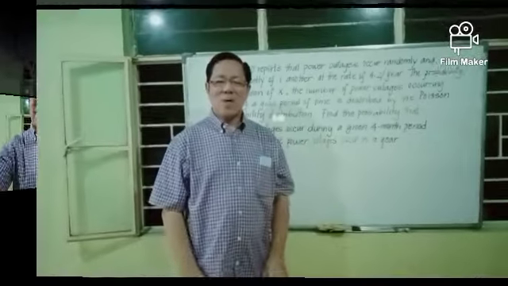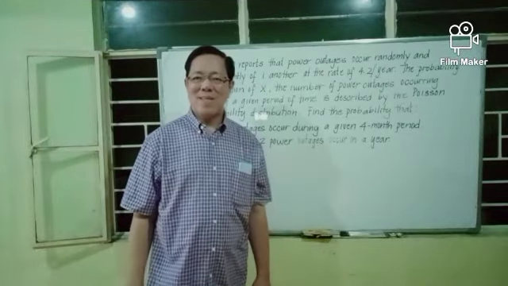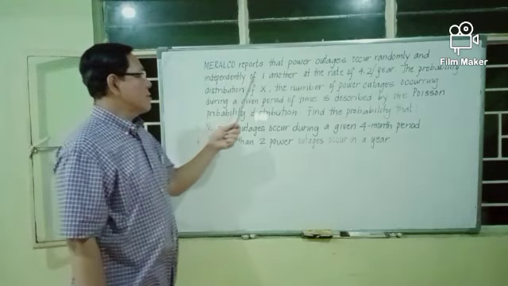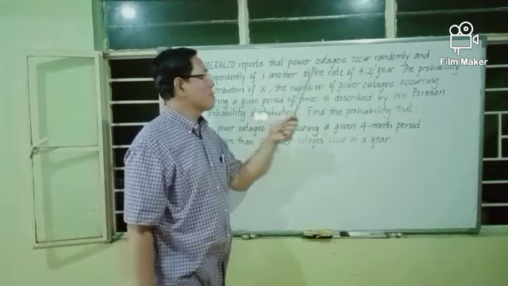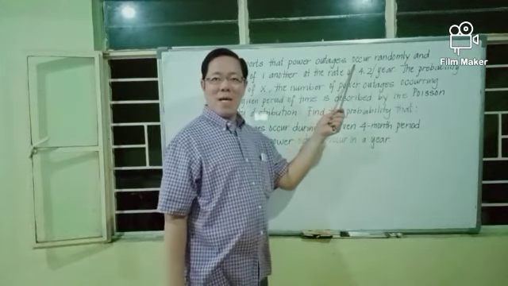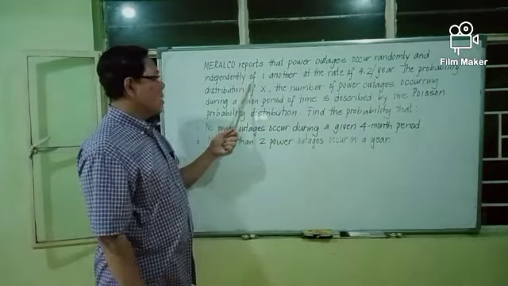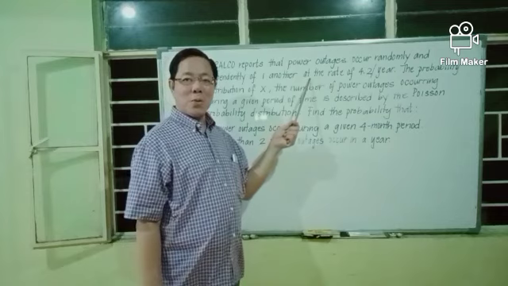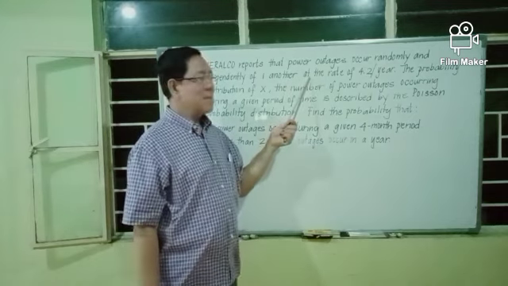For our example, consider the following problem. Meralco reports that power outages occur randomly and independently of one another at the rate of 4.2 per year.